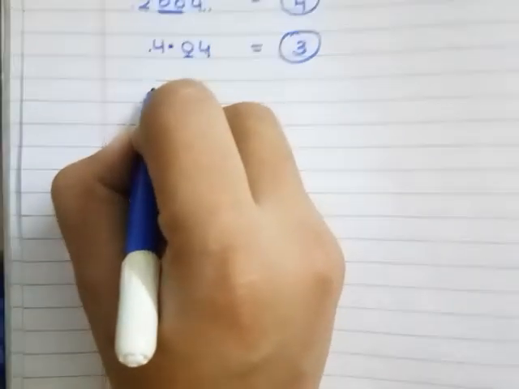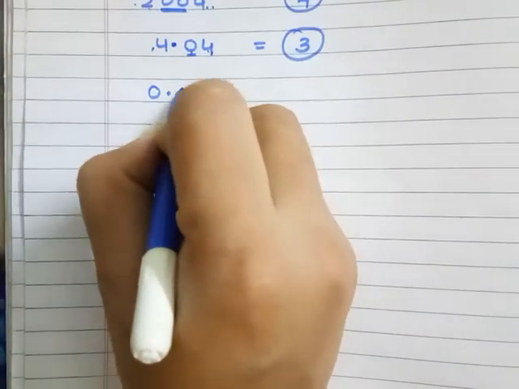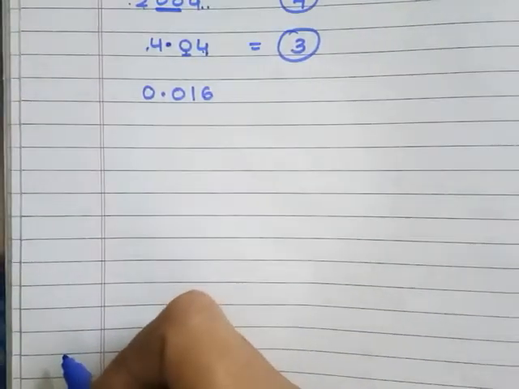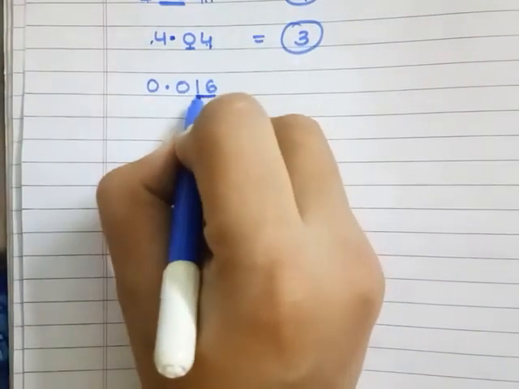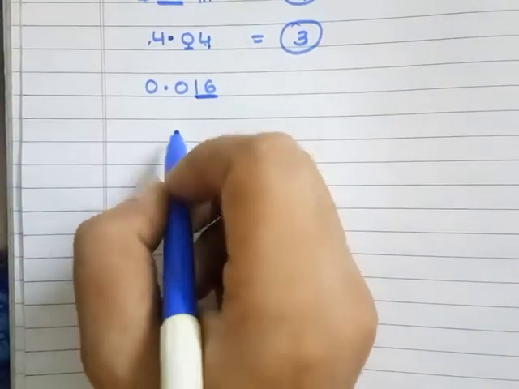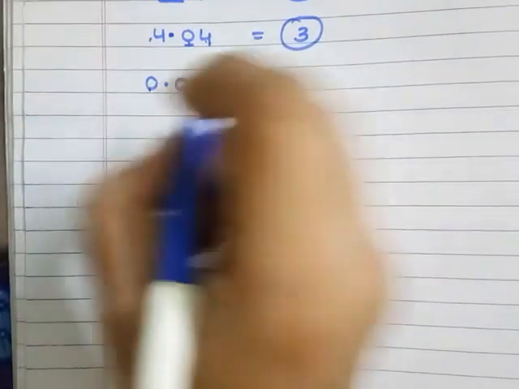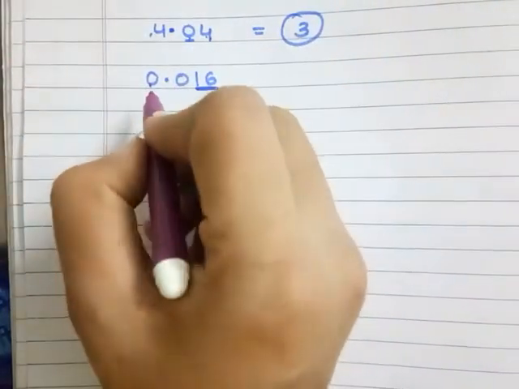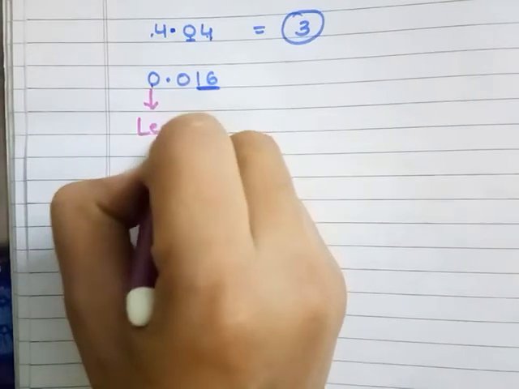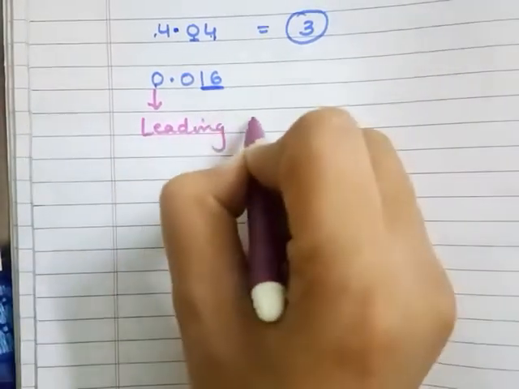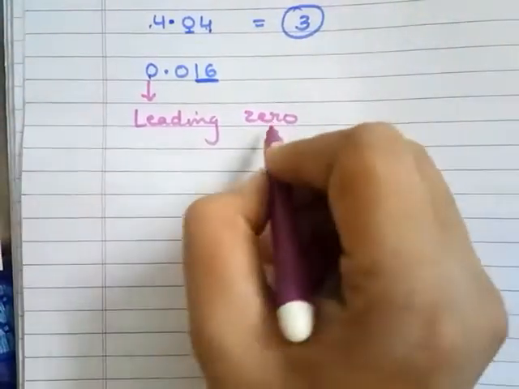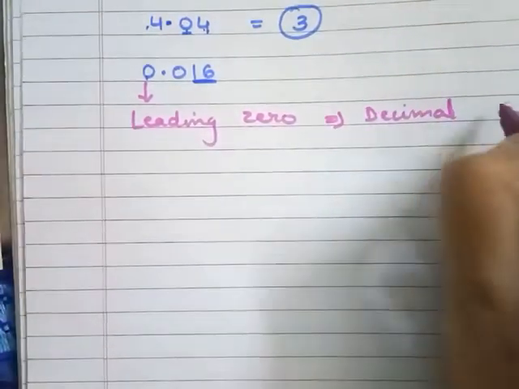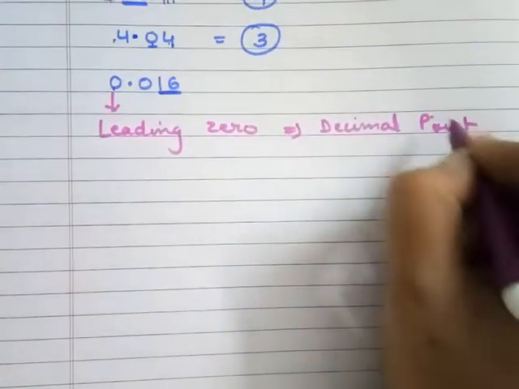Now let's talk about the leading zeros. If I have a number 0.016, now 1 and 6 are non-zero digits, so these are to be considered. This is a leading zero. This zero is only used to indicate your decimal point.